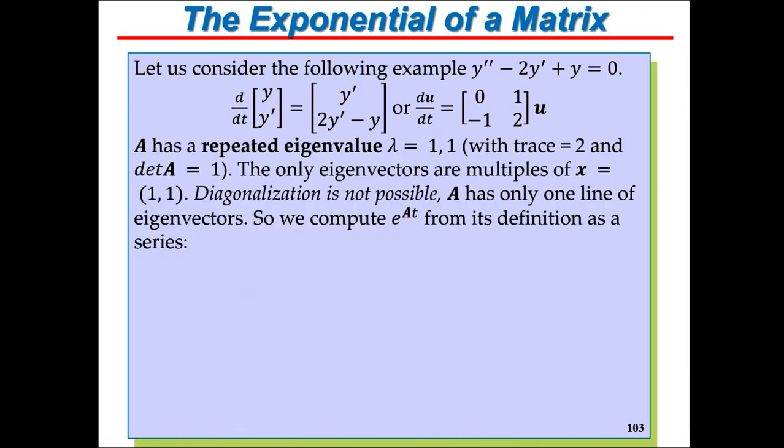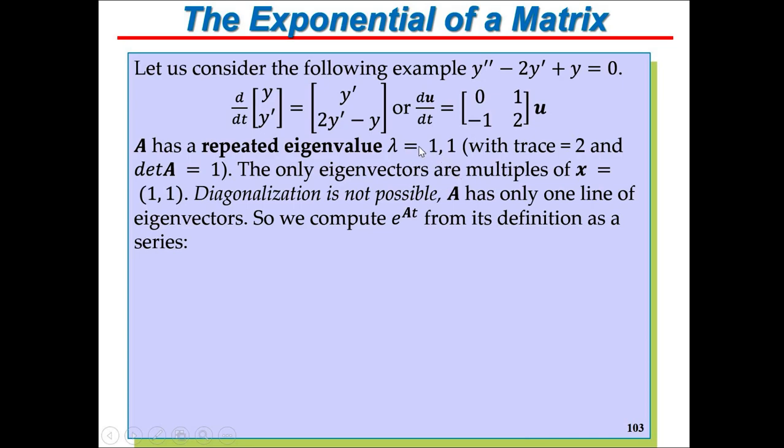So if you compute the eigenvalues of this matrix, you will see that it has two repeated eigenvalues equal to 1, and you can test that the sum of these two eigenvalues gives you the trace, 2, and if you take the product, you get 1, which is equal to the determinant of this matrix.